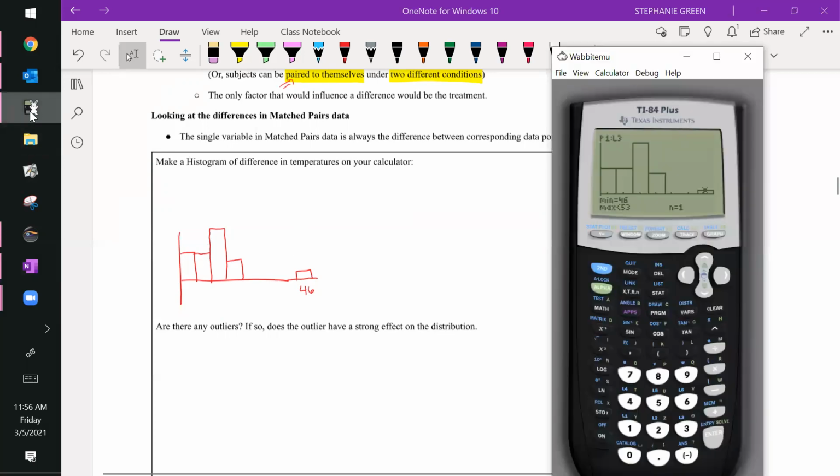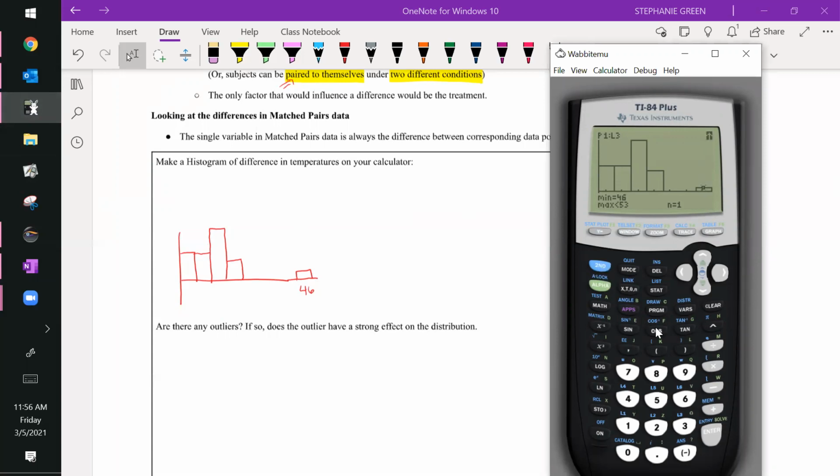The first and probably the easiest way to do it, since I already have my data in my calculator, is to go back to my stat plot and change this to a modified box plot. That's the box plot option with the dots on it, meaning not only is it going to show me my min and my max and all of that stuff, but it's also going to put dots where I have outliers.